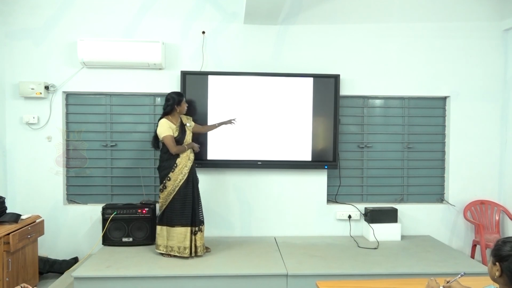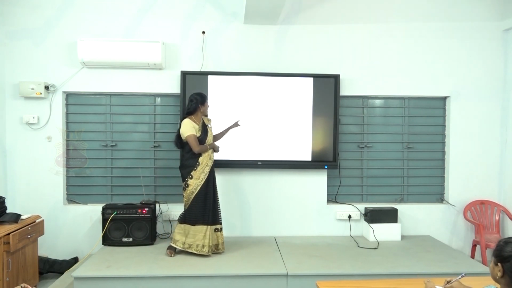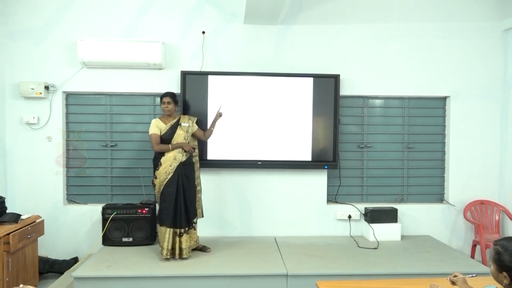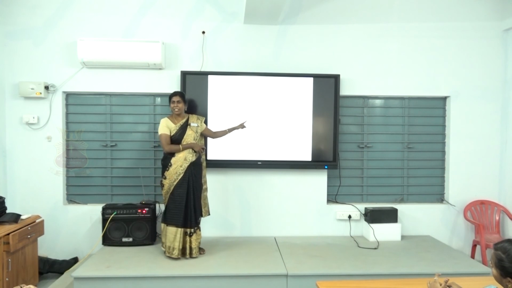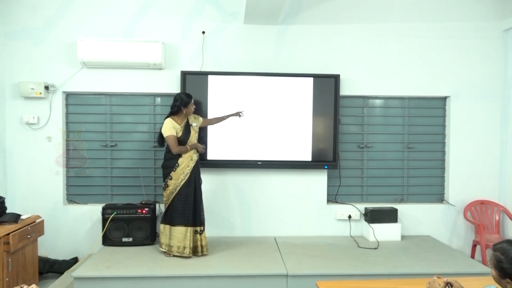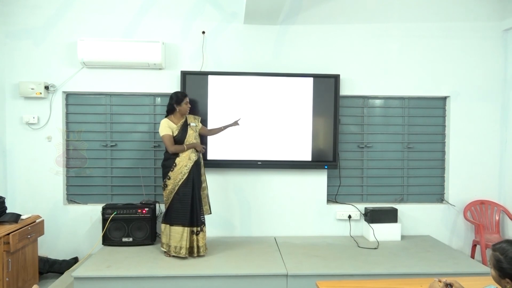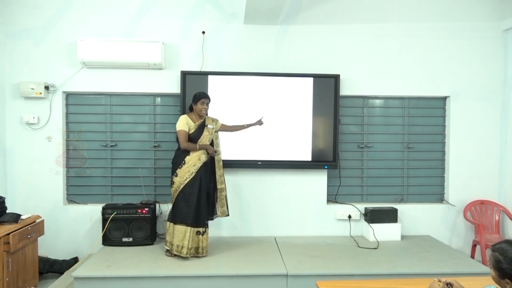So contribution minus profit. How can we calculate the contribution? Another formula: sales into PV ratio. We have found the PV ratio, so sales amount 80,000 into 40% minus profit.